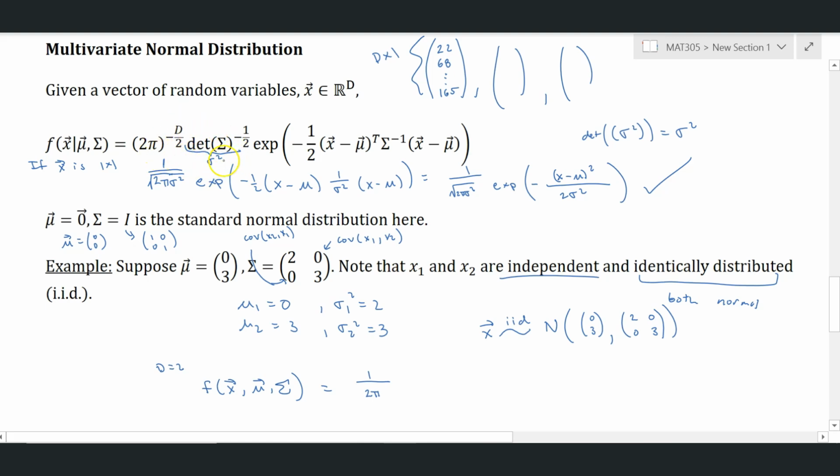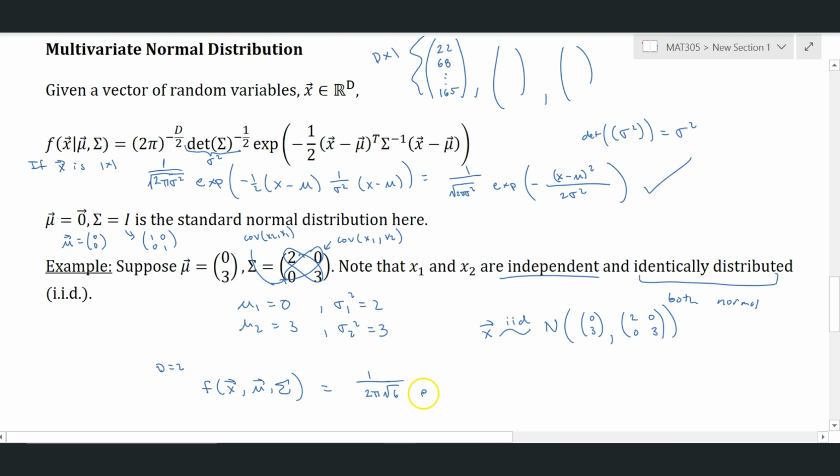Now, the determinant of this sigma matrix would be the product of the diagonals, 2 times 3, minus 0 times 0, which would give us 6. So that's 1 over the square root of 6, raised to the negative 1/2. So we have 1 over 2 pi times the square root of 6 in the denominator.